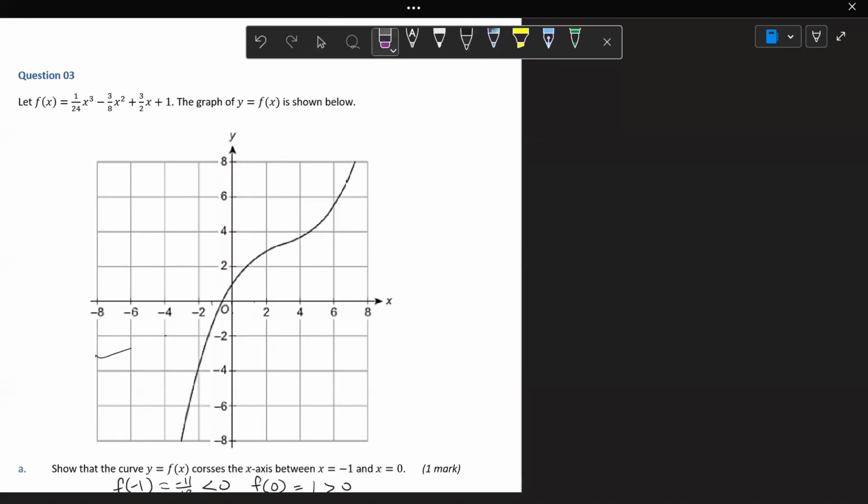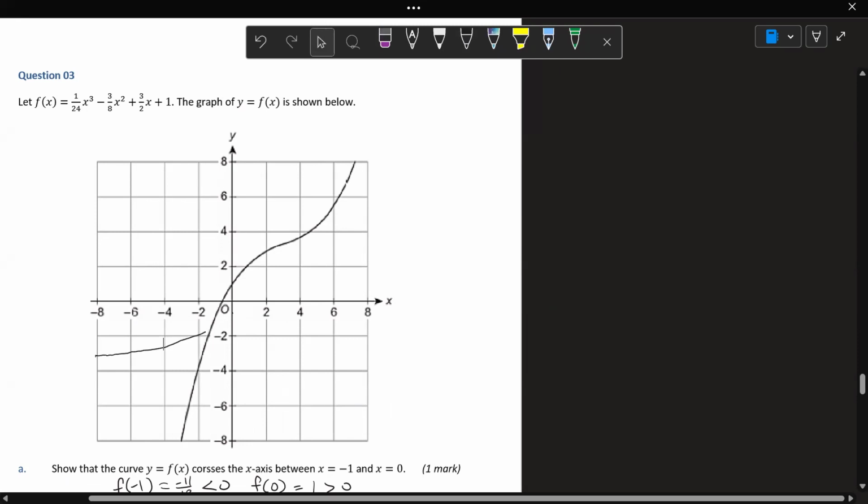So it looks something like that, and that's what I suppose f inverse x looks like.